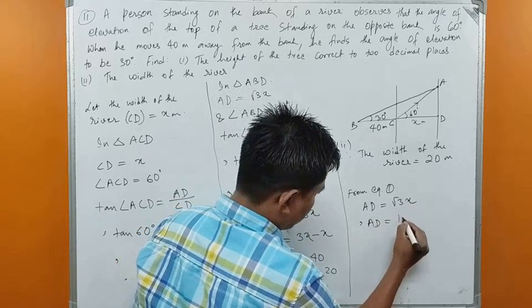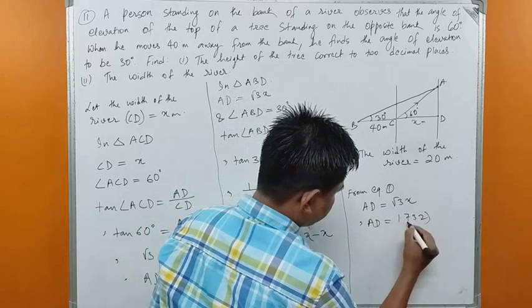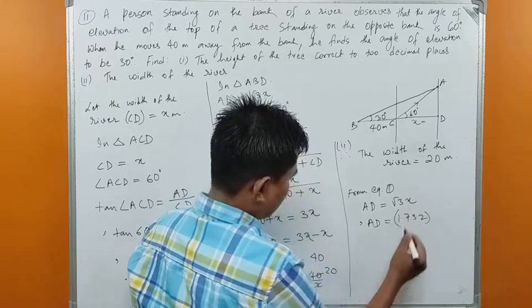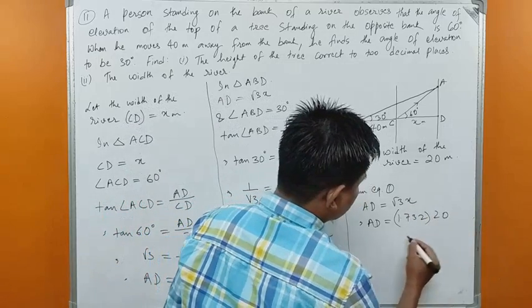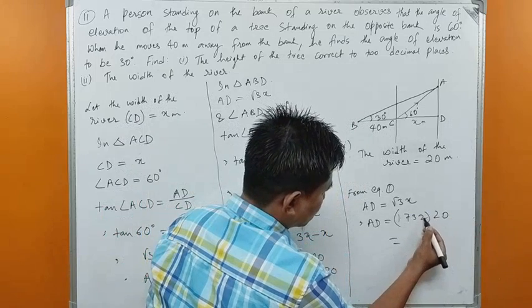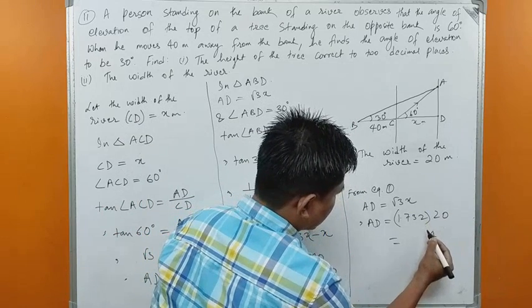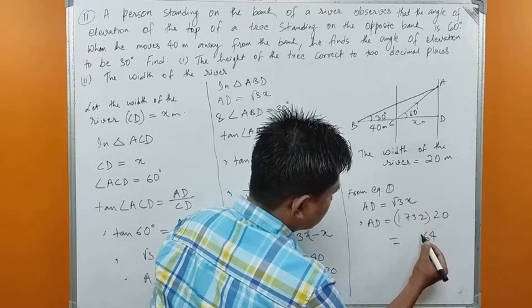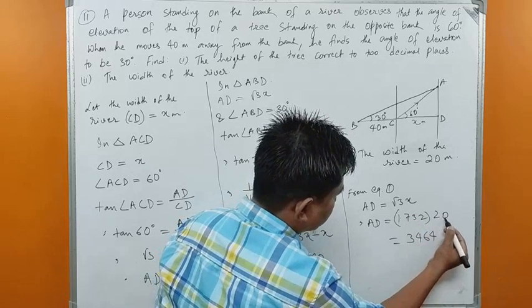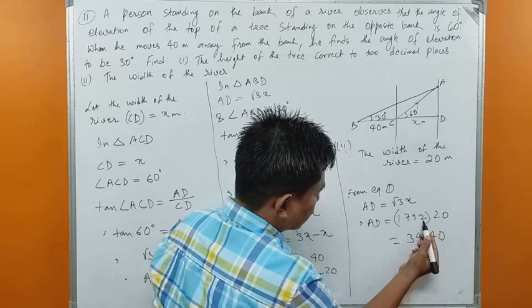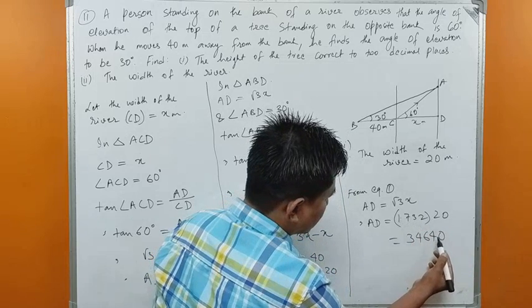Root 3 means 1.732. And what is x? X means 20, isn't it? So we put the value of x, 20. So let us multiply this. 2 fours are 8... we put this 0 here, and there is a decimal point before 3 digits, so 34.640.